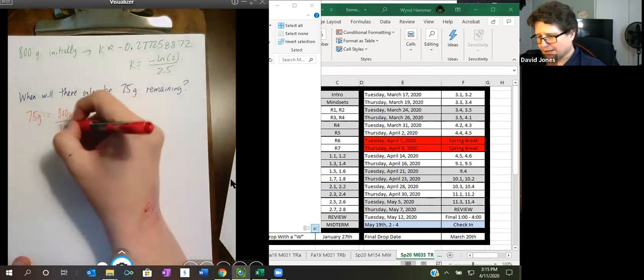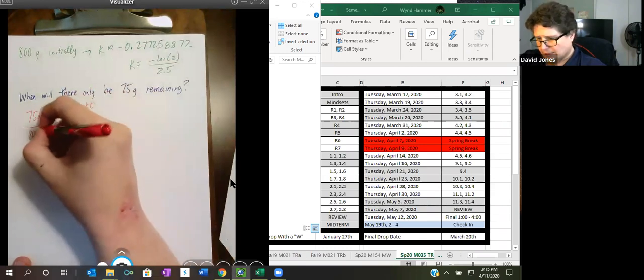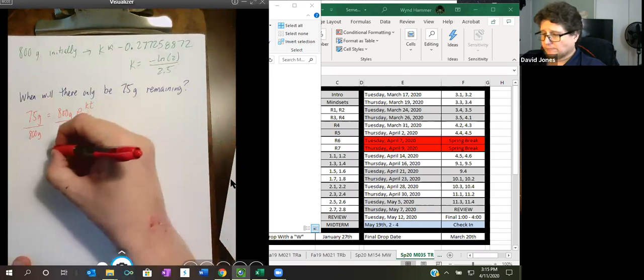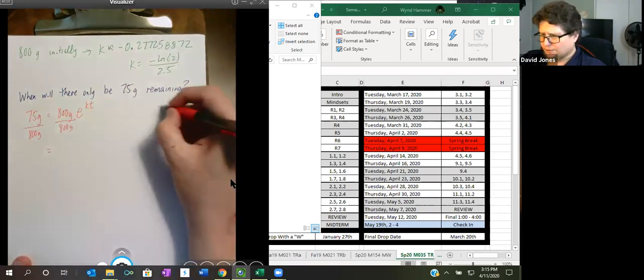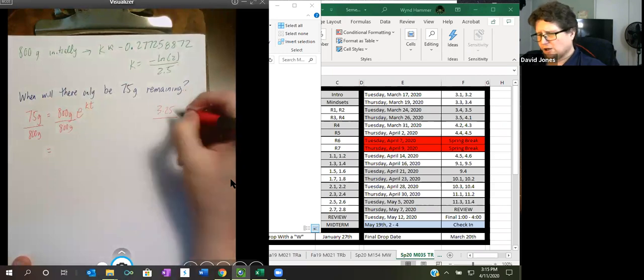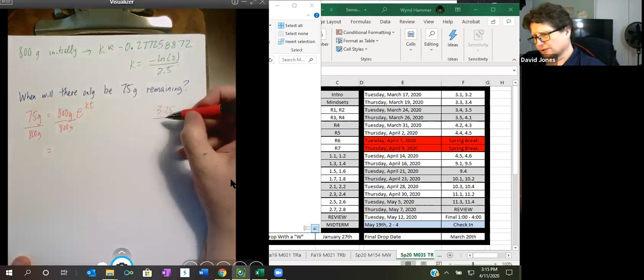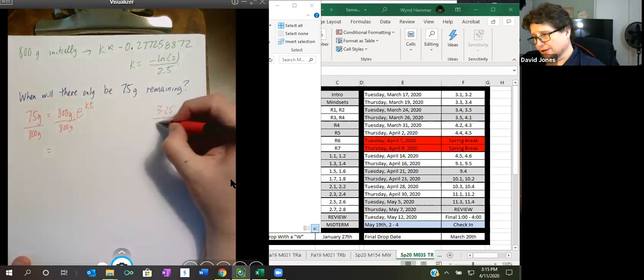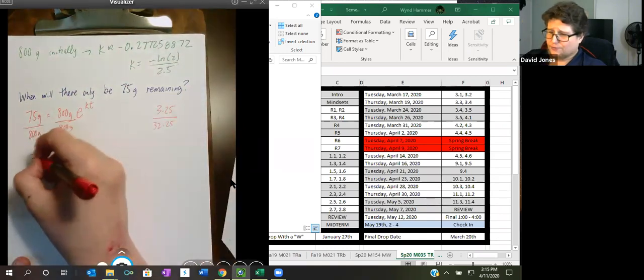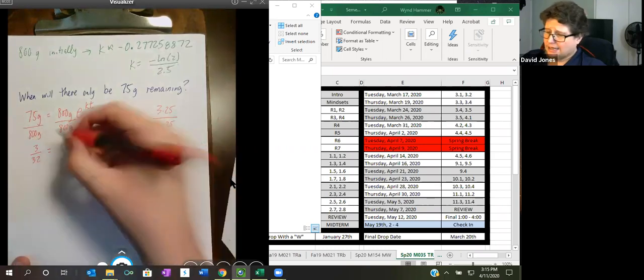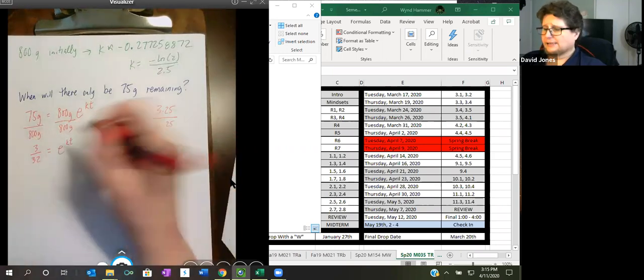Divide by 800 grams. 75 over 800, that's 3 times 25 over 32 times 25. So this is 3 over 32 equals e to the kt.